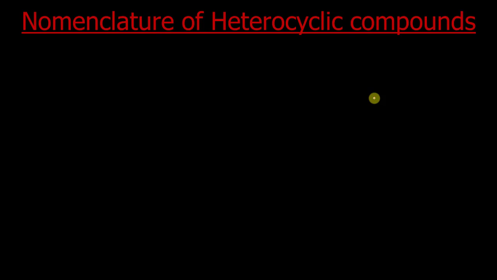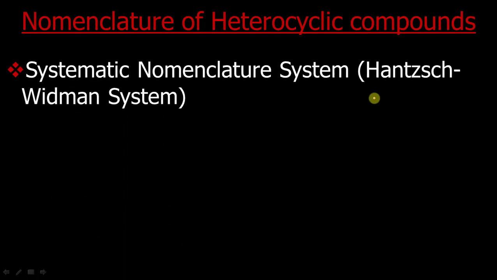So first let us see what are the various possible methods available by which we can name these heterocyclic compounds. The first method is called the systematic nomenclature system, or the system that we will discuss today, the Hans Widman system.